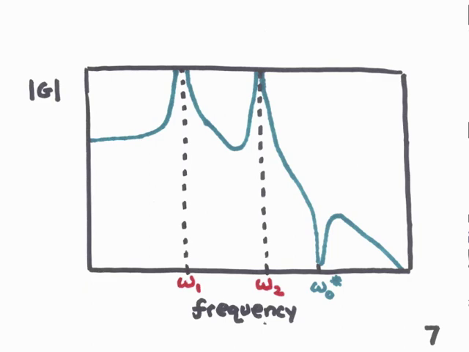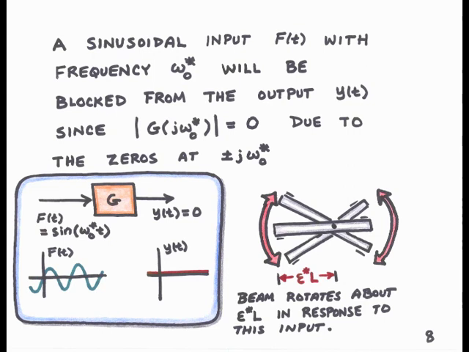You'll note in this frequency response that at the frequency omega 0 star, the transfer function has zero gain. So that means the input is completely blocked on its way to the output. The input is sinusoidal, but the output doesn't show the sinusoid at the frequency omega 0 star.